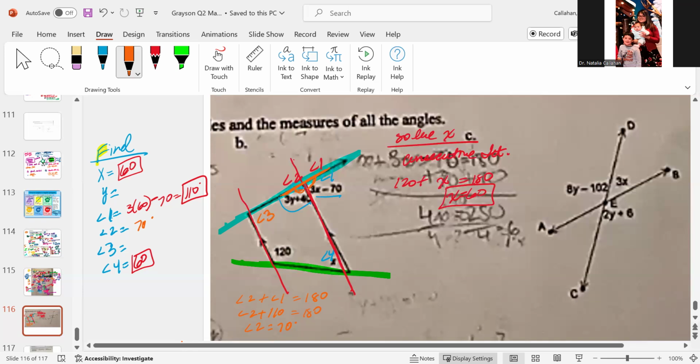The sum of the 4 angles of a quadrilateral is equal to what? A triangle is 180. What's a quadrilateral? You can fit 2 triangles into a quadrilateral. We did this many times. 360.